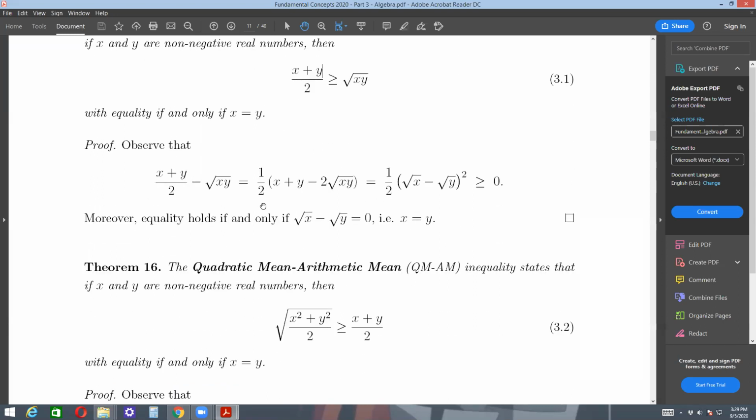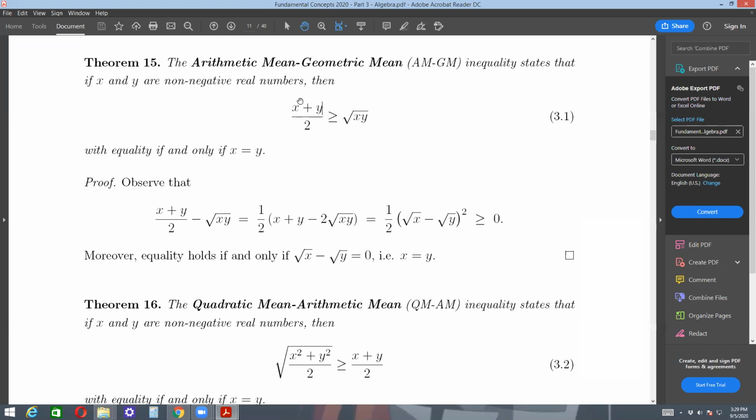The proof of this is straightforward, because this looks like the square root. This looks like something you could square and make something nice out of it. The proof is basically if you bring this across to this side and consider what that term is, so I consider what (x plus y) over 2 minus the square root of xy is. If I could show that that thing is non-negative, then that's what I want to show. So I could factor out a half first, and I get this, which looks a little nicer.